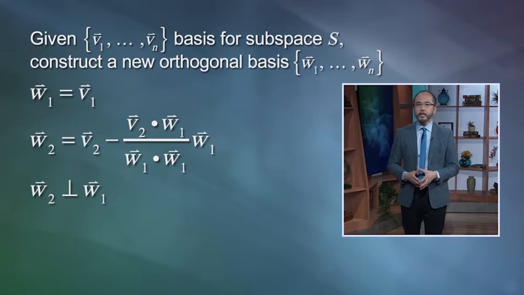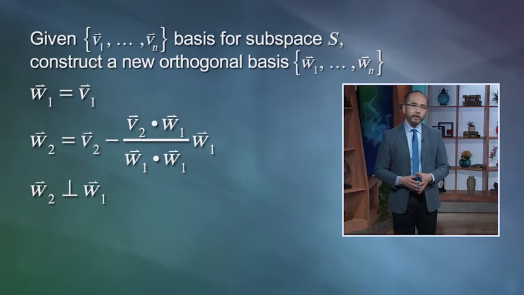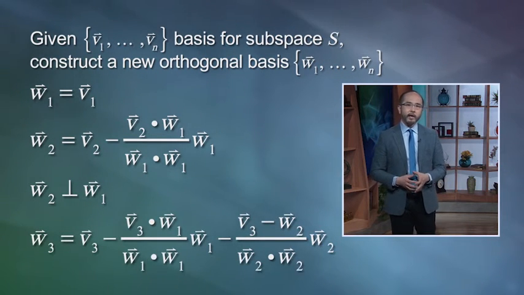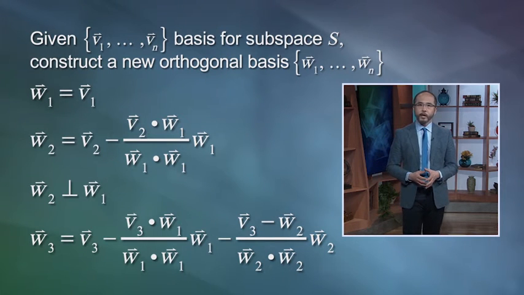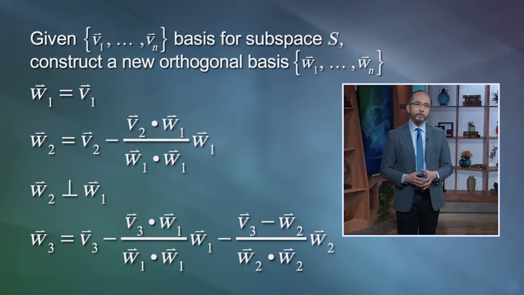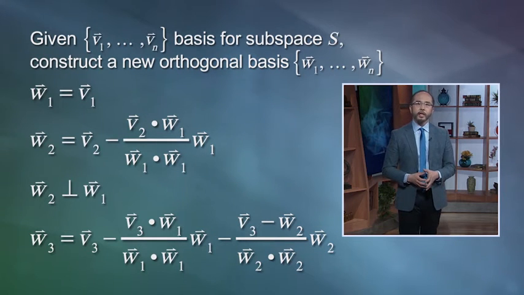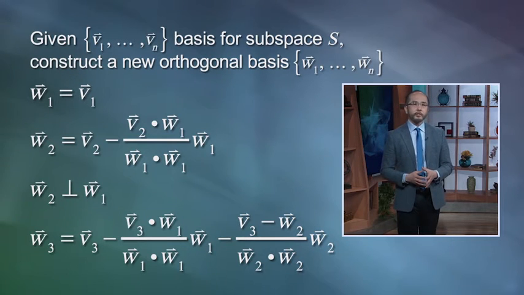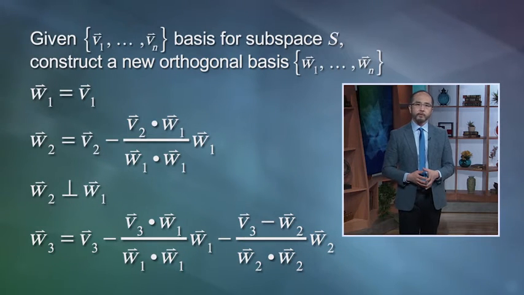Next, we'll continue in this fashion with W3. We'll start by modifying V3 by subtracting off the components of V3 in the W1 and W2 directions. You'll get an expression like this one. And I encourage you to check that W3 is in fact perpendicular to both W1 and W2.